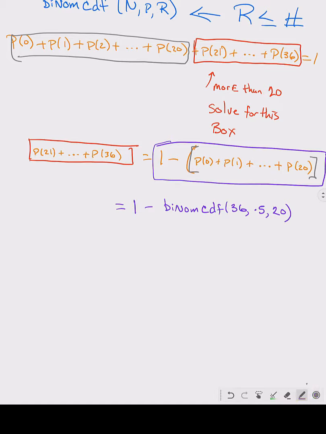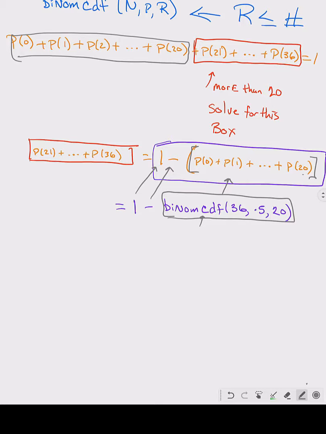So once again, this is the 1 from that distribution, minus the binom CDF of 36, 0.5 and 20. That means I'm adding up 20 and 19 and 18, 17, 16, and so on, down to 1, down to 0. I'm adding those all up, and that's what happens when I use the CDF.